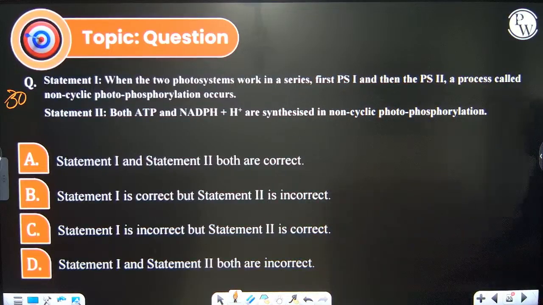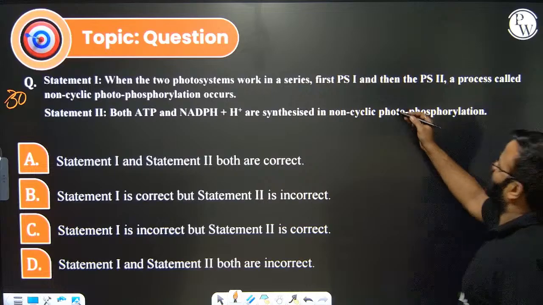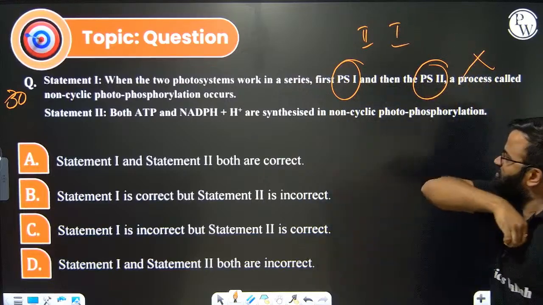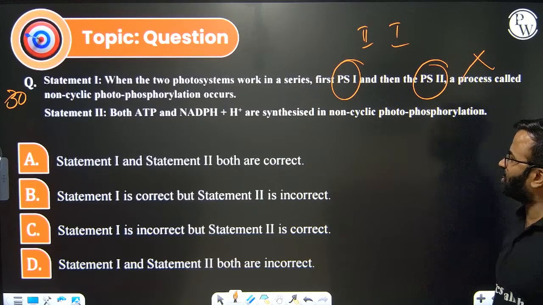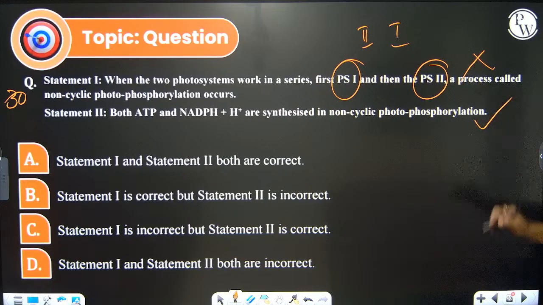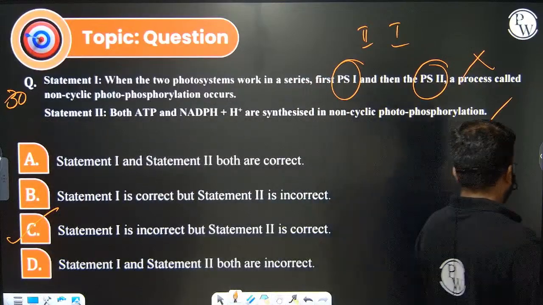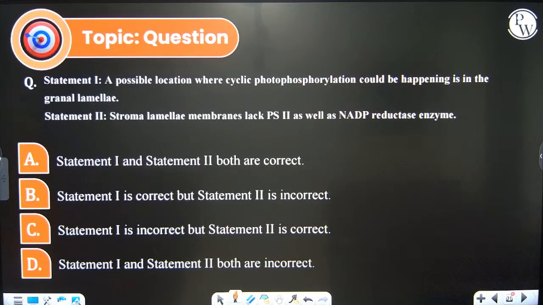When the two photosystems work in a series, first PS1, no, first PS2 and then PS1, so it is wrong as a statement. Both ATP and NADPH are synthesized in non-cyclic photophosphorylation. The answer would be C. Next statement: a possible location where cyclic photophosphorylation could be happening is the grana lamellae.